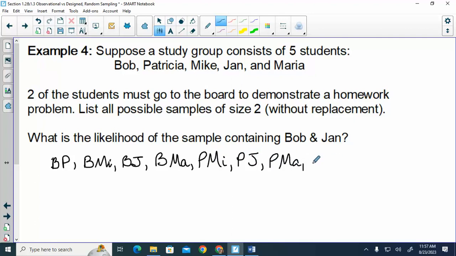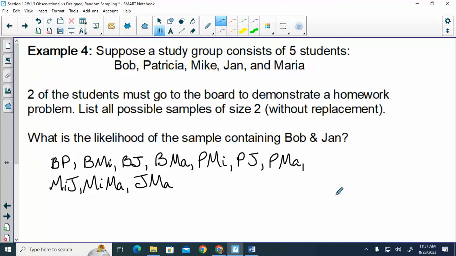Okay, what's the next possibility? Okay. Any other options? No. So that's all possible samples.